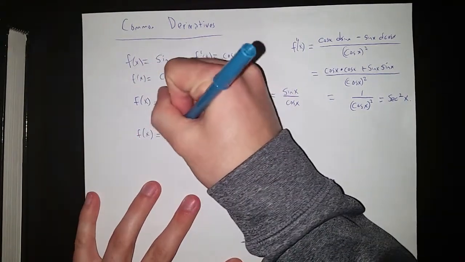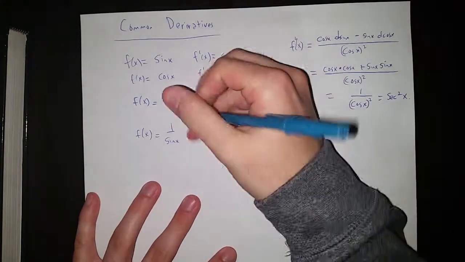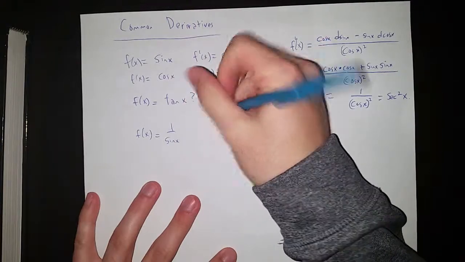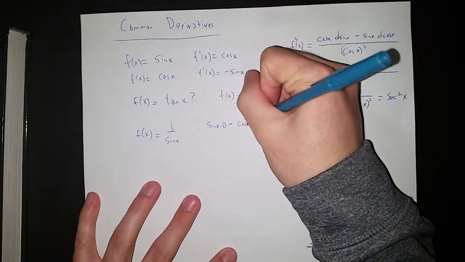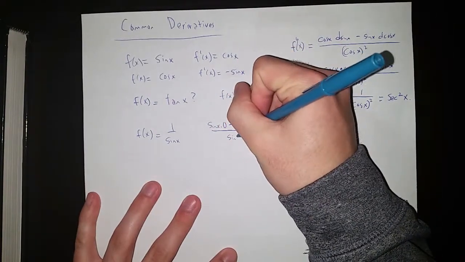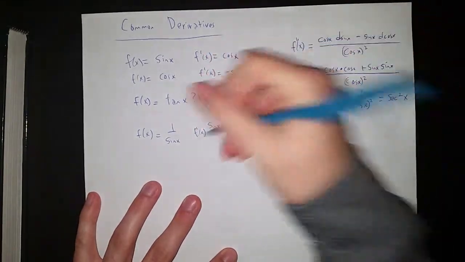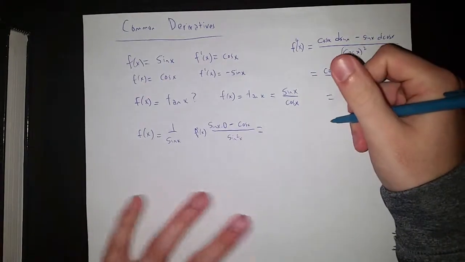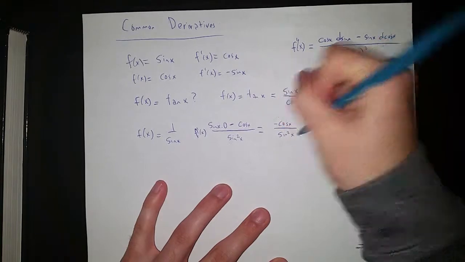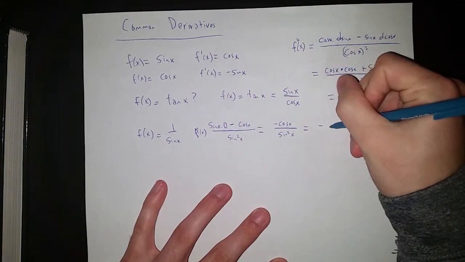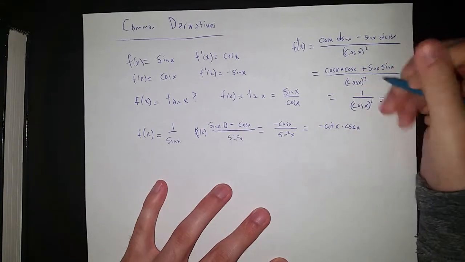f of x equals 1 over sine. This is cosecant. So low d high minus high d low: we have low times 0 minus high cosine x over sine squared x, which equals a minus cosine x divided by sine squared x, which equals a minus cotangent x times cosecant x.